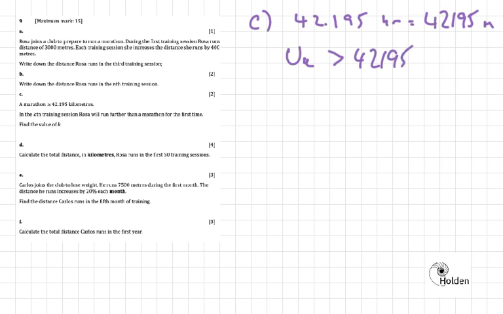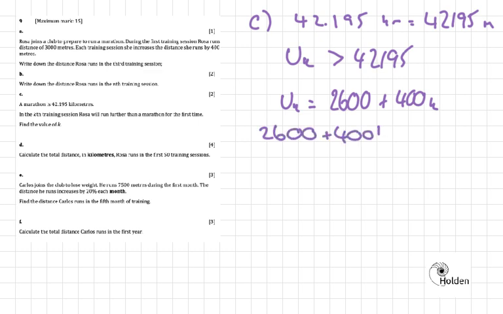We've just stated that Uk is equal to, let's go with 2,600 plus 400k, and that's going to be greater than 42,195.